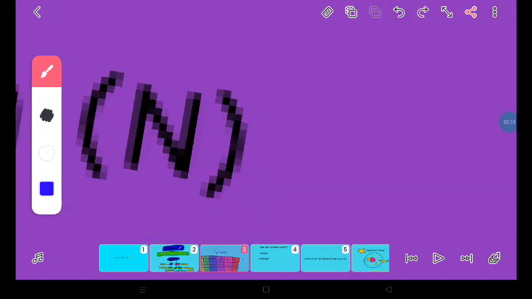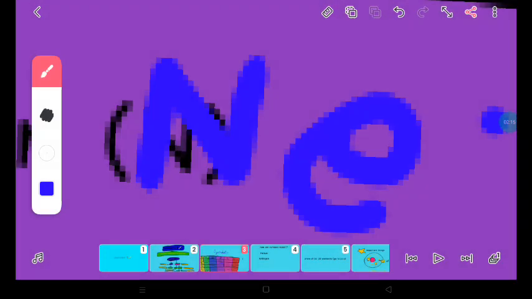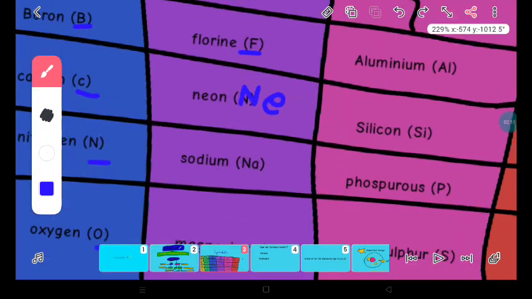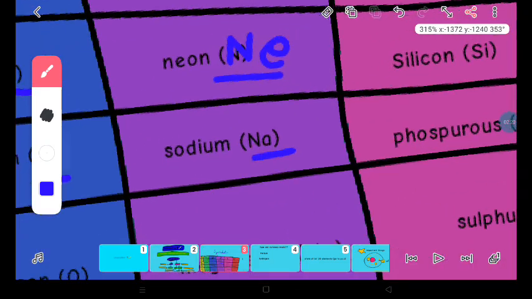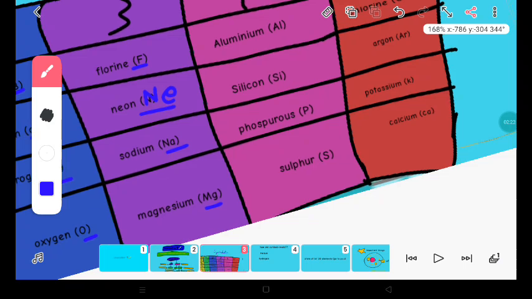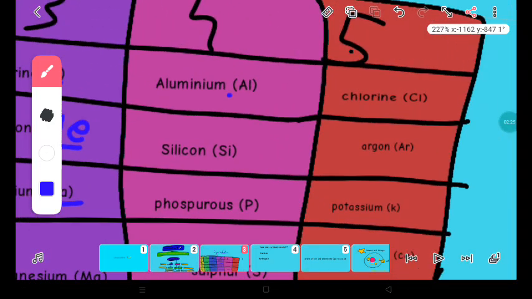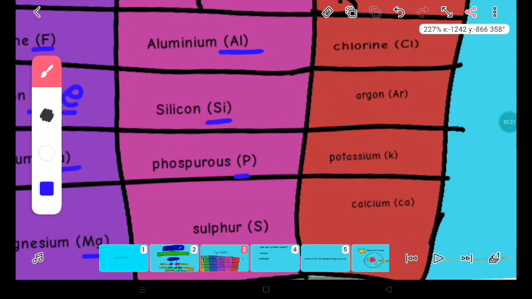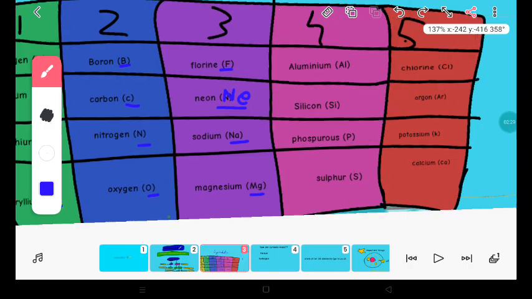Neon is not N, it is Ne. Sodium, which is Na, magnesium, which is Mg, aluminum, which is Al, and so on.